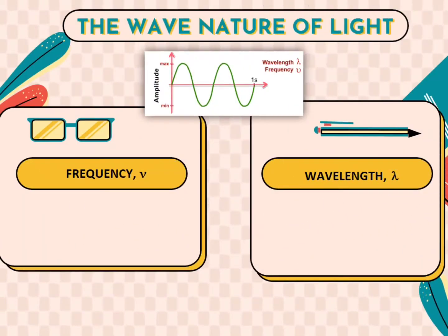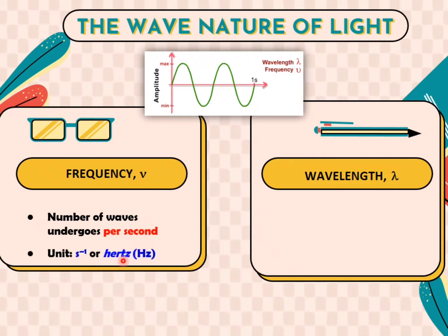Alright guys, so now we look at the wave nature of light. In this wave nature of light, we have 2 variables, which is frequency and wavelength. So what is frequency? Frequency is the number of waves undergone per second.